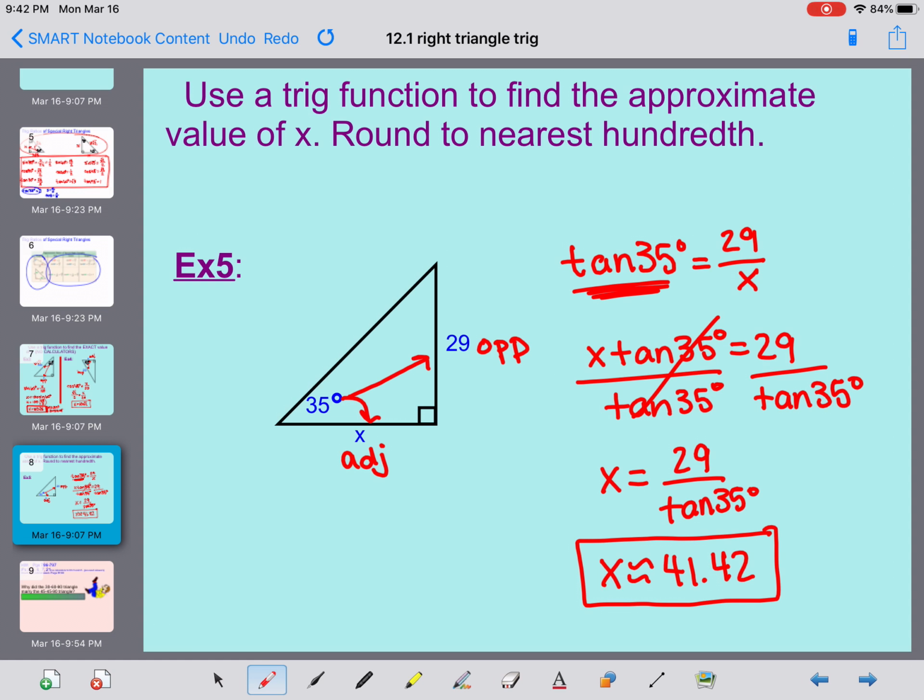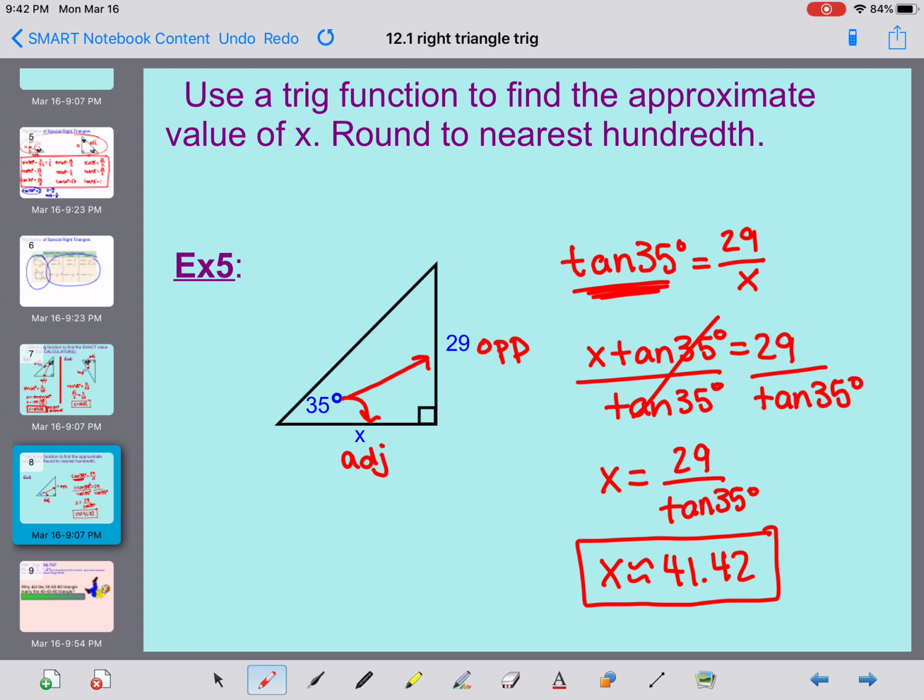So where the pi button is, you would press second pi, that says Trig, and then you've got your trig functions listed there. We're only using the first three for now. The inverse of sine, inverse of cosine, inverse tangent, ignore those. It's just the sine, cosine, tangent. So you would just press 29 and then divide by tangent and then put 35 in after you get the tangent on the screen.